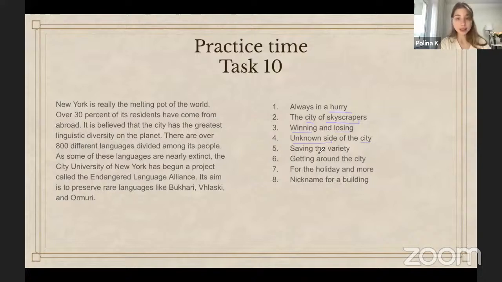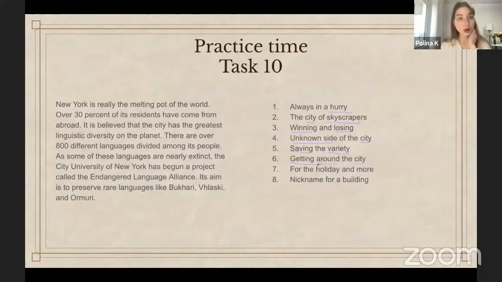Okay, number 5, saving the variety. Saving, variety. Do you know the word variety? If you do, please put a plus. If you do, okay, nice. Then getting around the city. Getting around, yeah, here around does matter just because this is the phrasal verb, getting around, and then city. Okay, great.